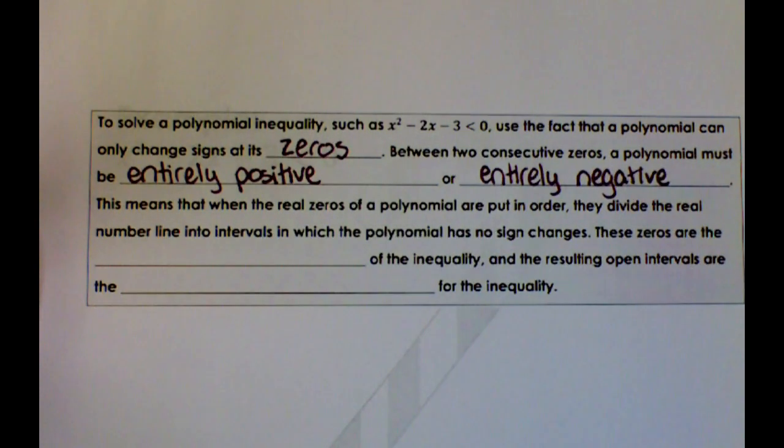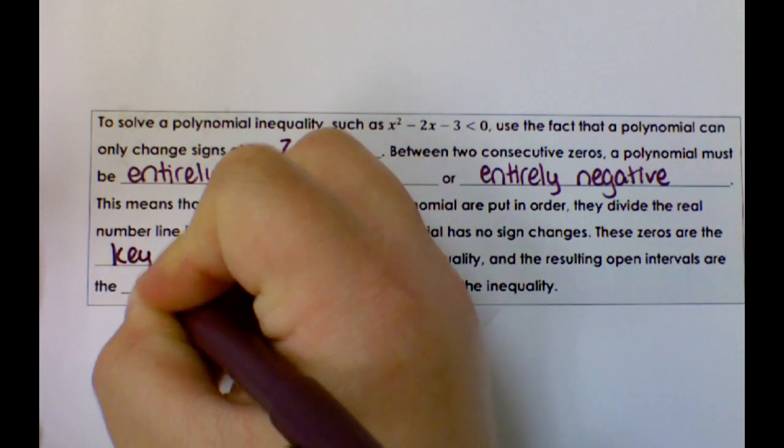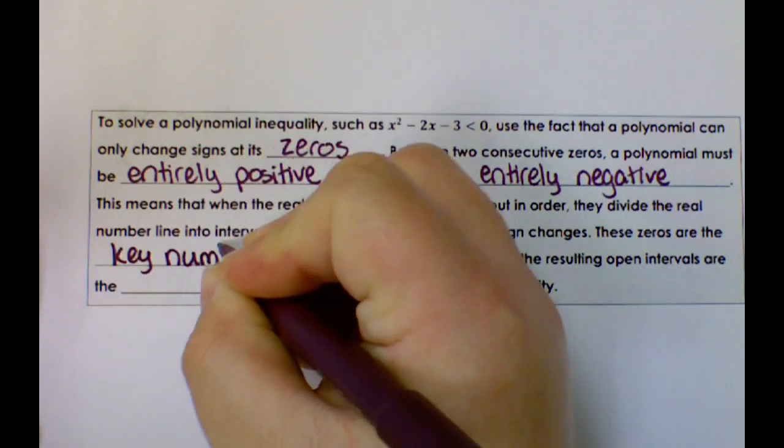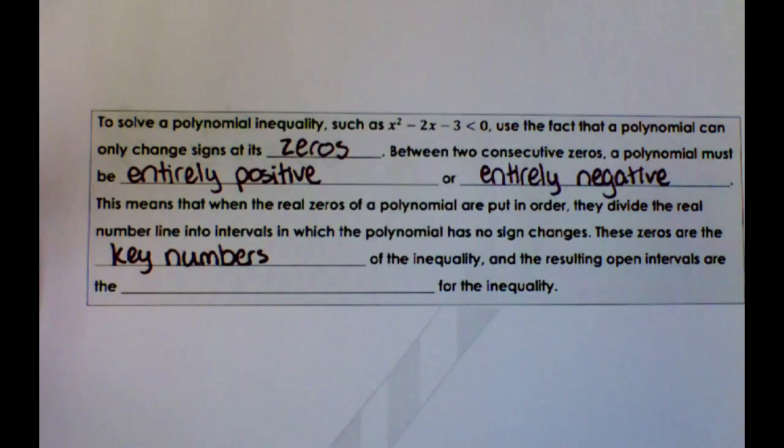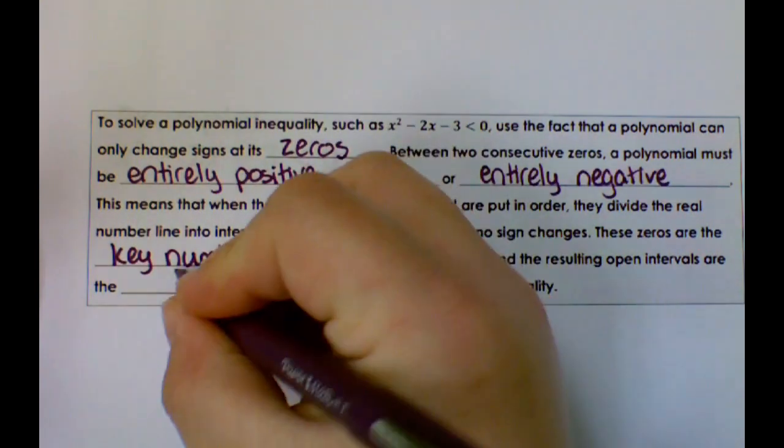This means that when the real zeros of a polynomial are put in order, they divide the real number line into intervals in which the polynomial has no sign changes. These zeros are the key numbers of the inequality, and the resulting open intervals are the test intervals.